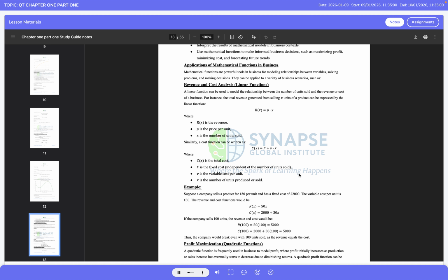A linear function can be used to model the relationship between the number of units sold and the revenue or cost of a business. The total revenue generated from selling x units of a product can be expressed as R(x) = P × x. In this expression, R(x) represents revenue, P represents the price per unit, and x represents the number of units sold.